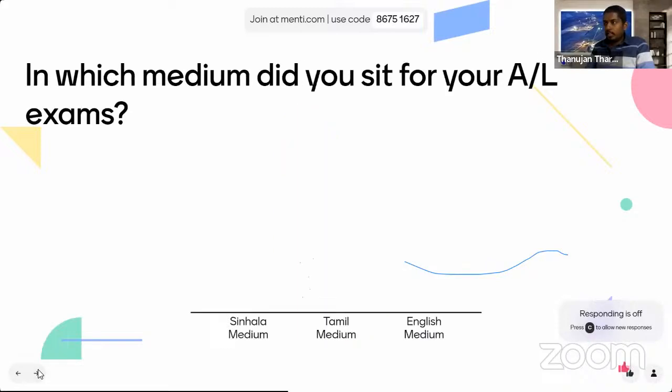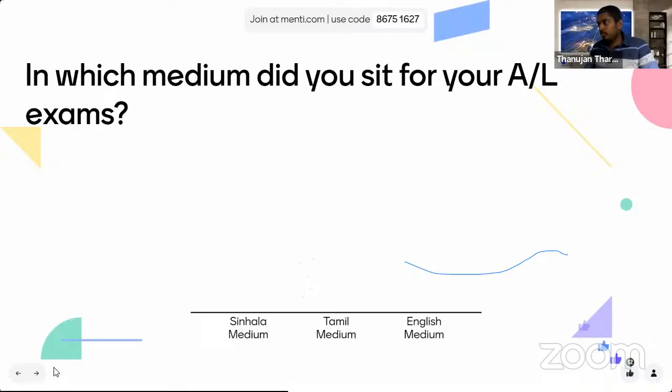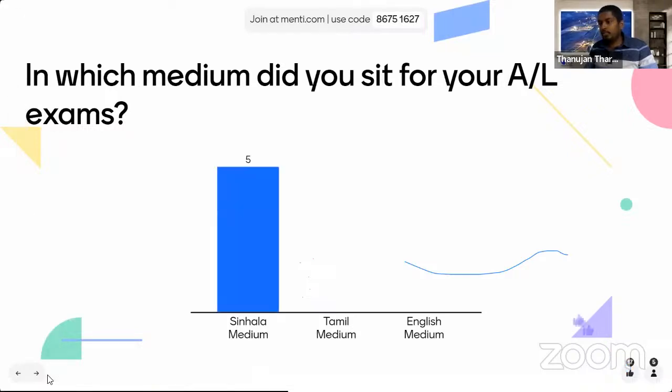In which medium did you sit for your A-level exams? This is just to get an understanding of how to proceed with this session. Okay, sorry, now you can respond. Maybe you will get 10 seconds.